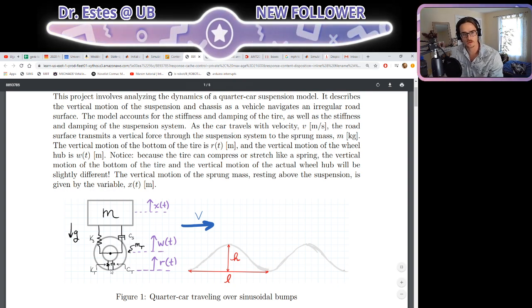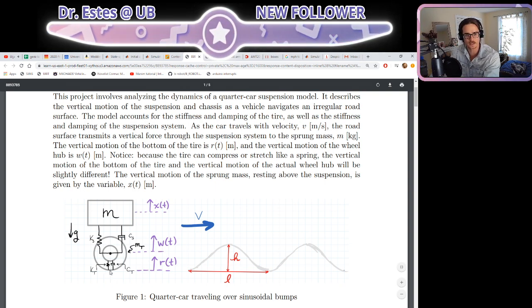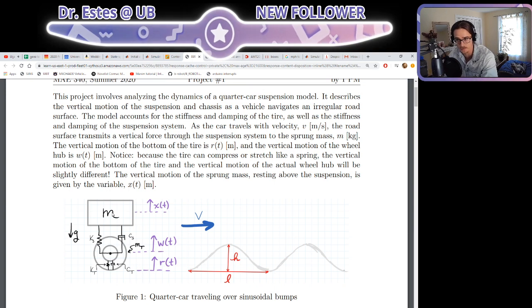The road presses up on the bottom of the tire. And then the springiness of the tire itself will react to that, and that'll transmit a force to the wheel hub. And then the suspension linkages will get an additional force from the hub motion, and that'll get transmitted to the car up above, which is also called the sprung mass.